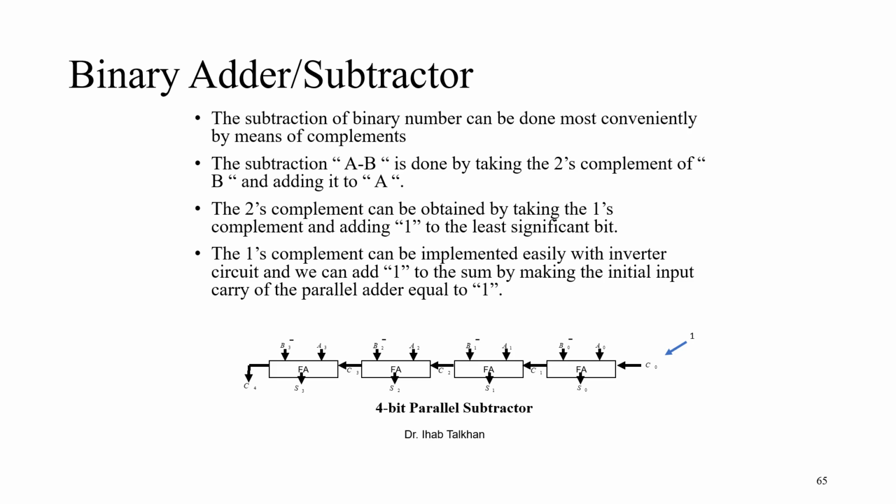We did nothing with equations, we did nothing with truth tables or anything else. We know the knowledge of the complement, and we know the hardware for the full adder, and we use this knowledge in order to switch the hardware from full addition into a full subtractor, and this is a full 4-bit parallel subtractor.